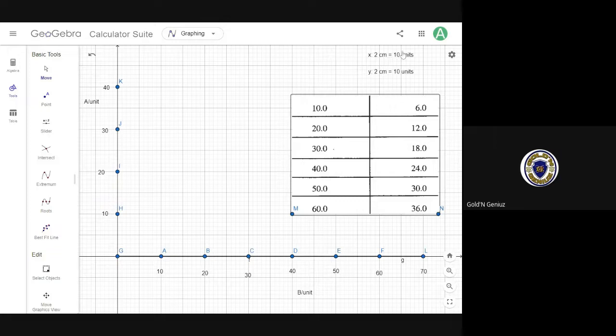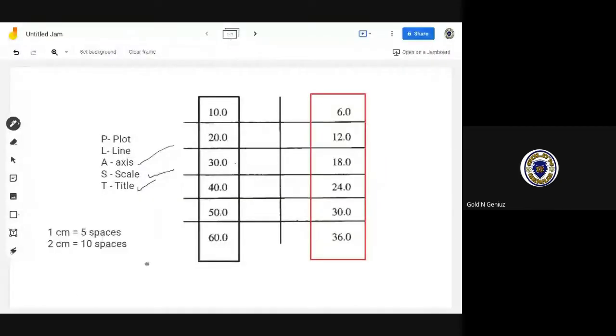When I do the maths, I would have had 10 divided by 10, and that gives me 1. But what this means is that each of these values here would have been divided by 1. All right.